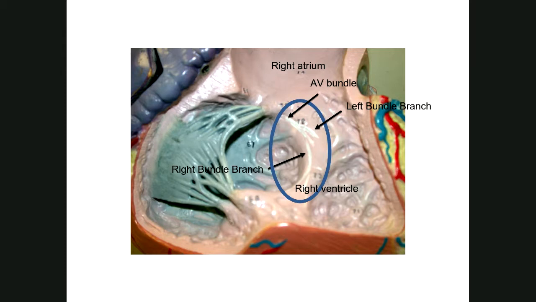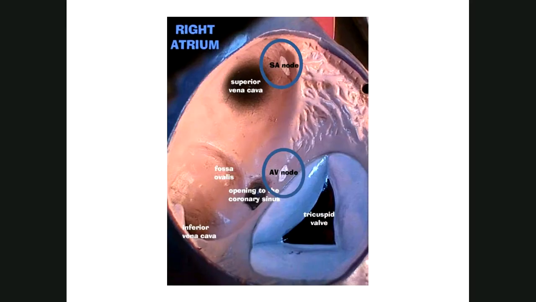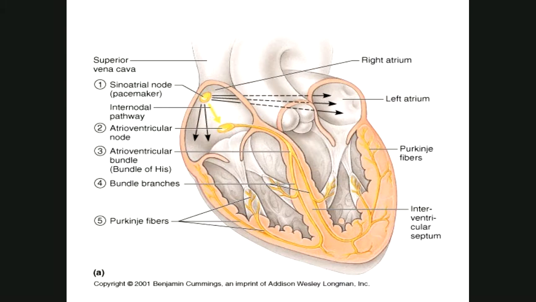That's the AV bundle. And then remember, it's going to split. So one goes to the right, and one's going to go this way to the left. Those are the bundle branches. Now the rest of it's microscopic, and so they didn't put it on the models. Remember, what's going to happen is it's going to go all the way down and then back up as the Purkinje fibers.